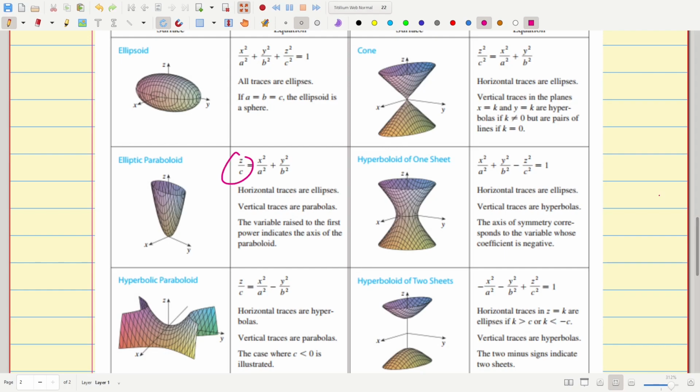If one of your expressions here is missing its square, then you have a parabolic ellipsoid. This is our first example that we talked about, or at least the first equation we gave. Okay? If there's one minus sign and this is not 0, then you get one of these 2 cases.